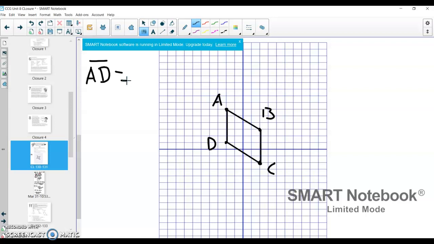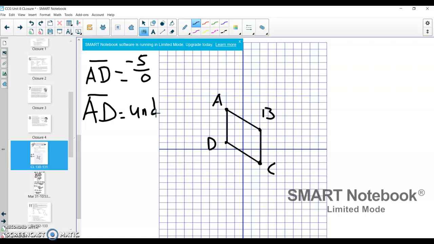If I go A to D, it goes a downward rise of 1, 2, 3, 4, 5, so -5, and a run of 0. If you write that as rise over run, you get -5 over 0. But that doesn't work because we can never divide by 0. So the slope of AD is what I call undefined, and I'm just going to write UND, undefined. Okay?